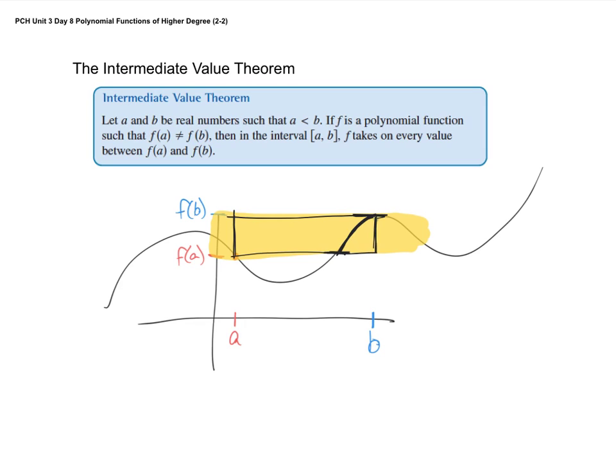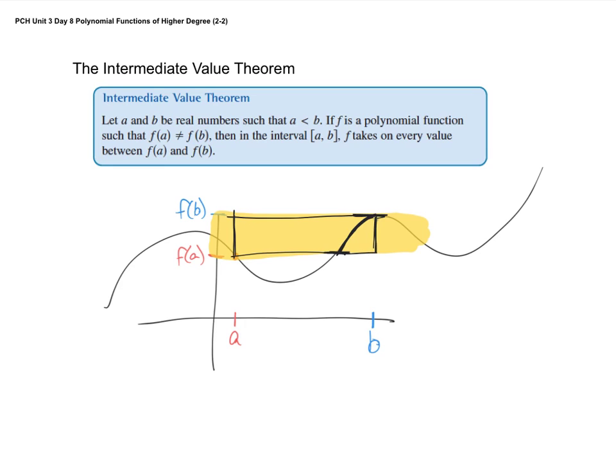The function equals everything in between those two. Now, in this example, there are some values lower than f of a that it also equals, but we don't know exactly what those are. What we do know is that it will equal everything between f of a and f of b.